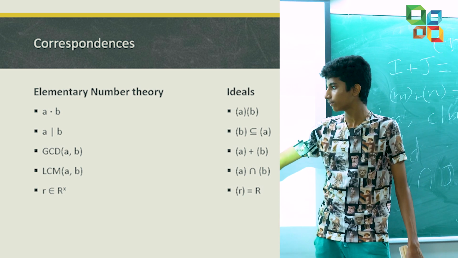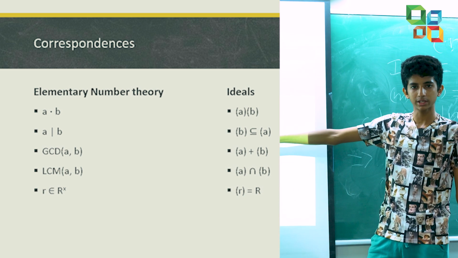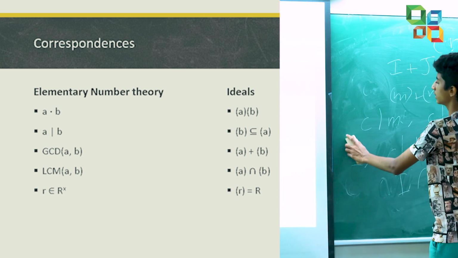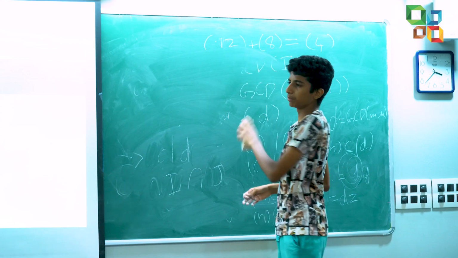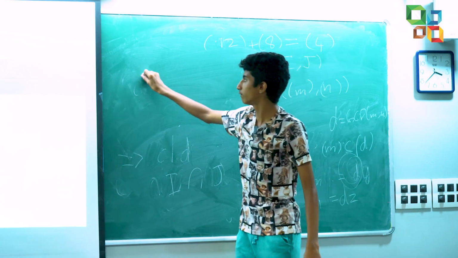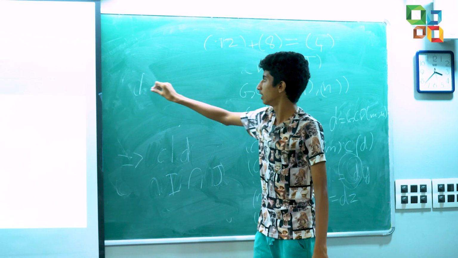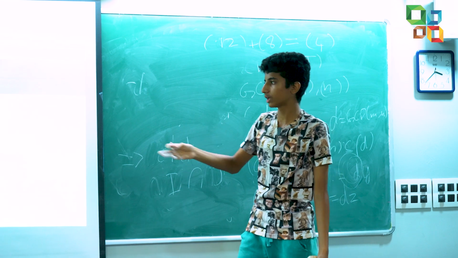And one last thing, you have units. Did Abhi explain units last time? Units are just numbers that divide everything in the entire set. Like 1 divides everything in the integers, and -1 divides everything in the integers. So those are what units are.